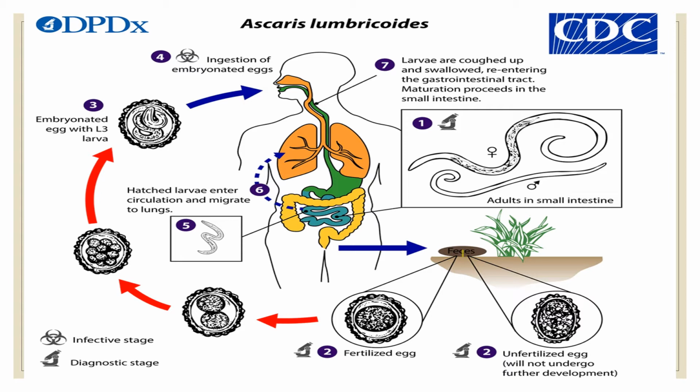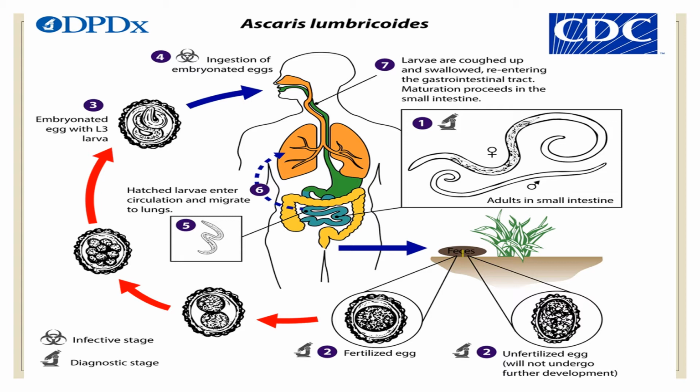After infected eggs are swallowed, the larvae hatch and invade the intestinal mucosa and are carried via the portal, then systemic circulation to the lungs.